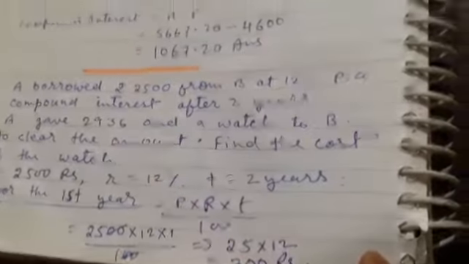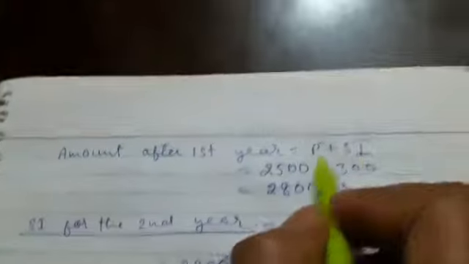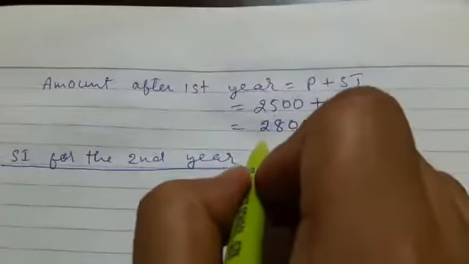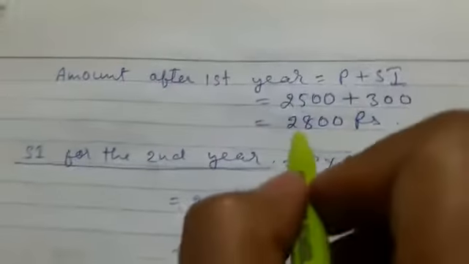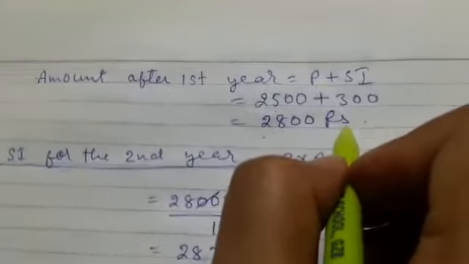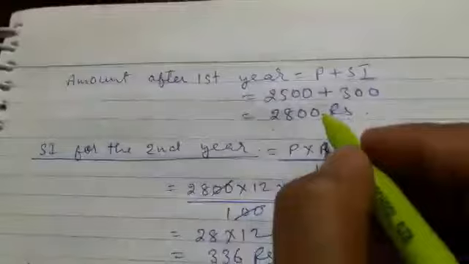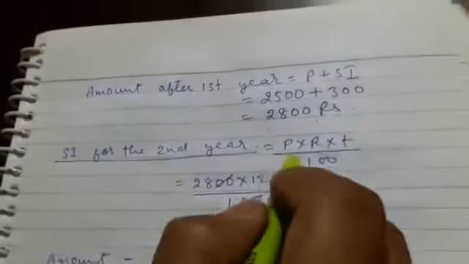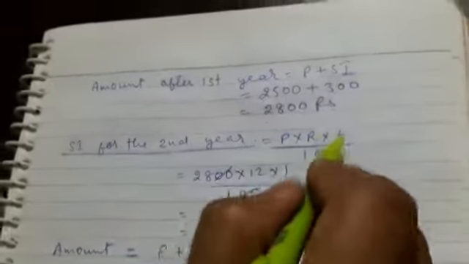After solving this, we will get 300 rupees as simple interest for the first year. Now amount after first year will become principal plus simple interest, that is 2,500 plus 300, equal to 2,800 rupees. This amount will become the principal for the second year. Simple interest for the second year, again we will apply the same formula, PRT upon 100.